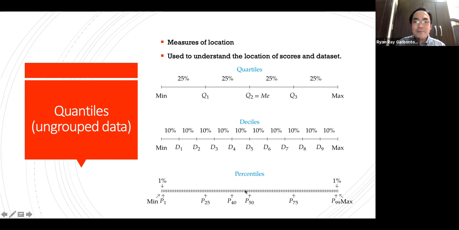While your 50th percentile falls at the middle, so it is also equal to your median. So your median is equal to quartile 2, which is equal to decile 5, which is equal to the 50th percentile, or P50. So it's used to understand the location of the scores in your data set.